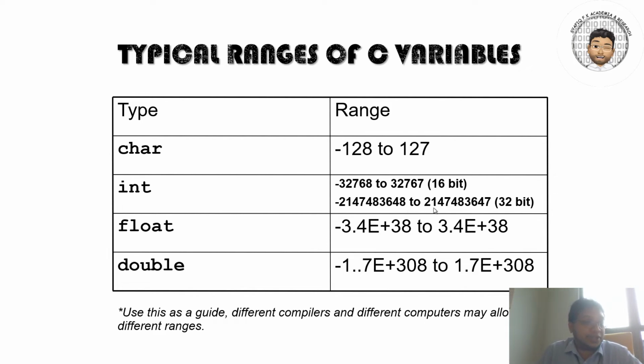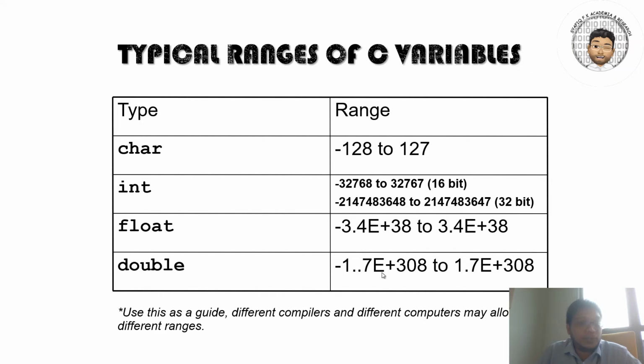So float is from -3.4 times 10 power of 38 to 3.4 times 10 power of 38. And then you have double.